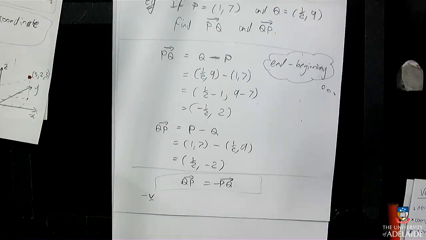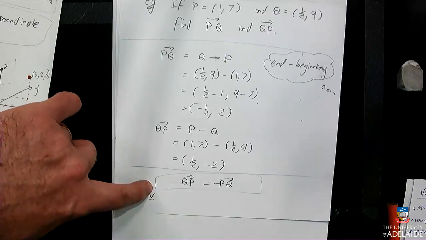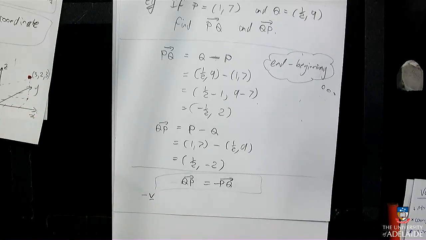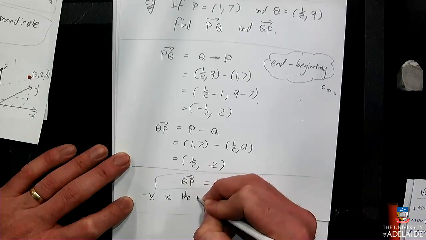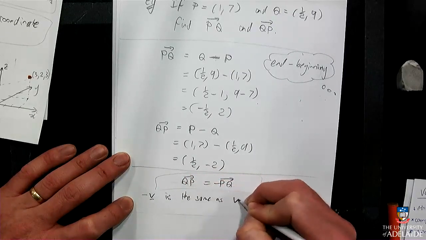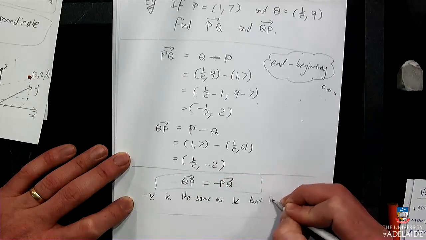Big letters would be points, small letters are something else. In a textbook it would be written in bold, but I can't do bold on paper, so I'll do underline. Some other people put an arrow on top, or a squiggly line. Minus v is the same as v, but in the opposite direction.